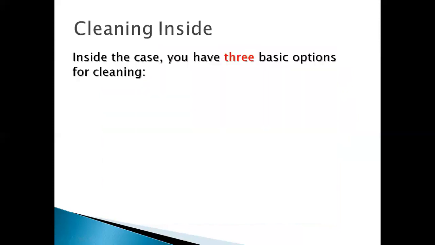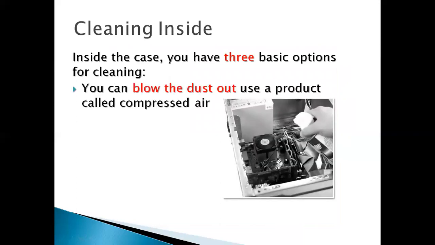Cleaning inside the case, you have three basic options for cleaning. First, you can blow the dust out with a product called compressed air. You can use compressed air to remove the dust which is on the top layer of internal components.